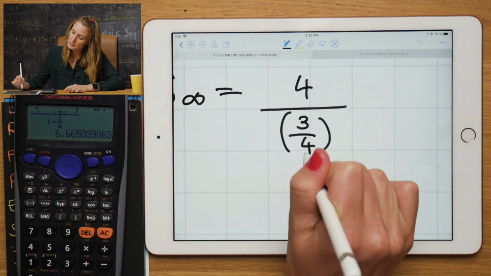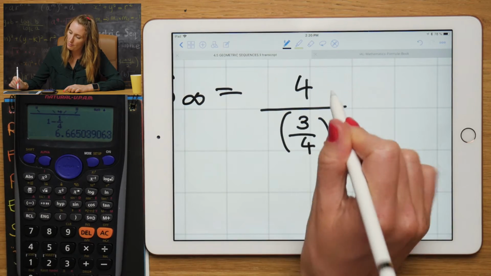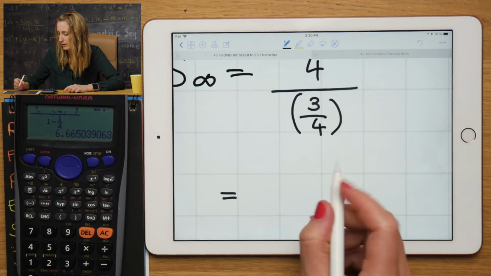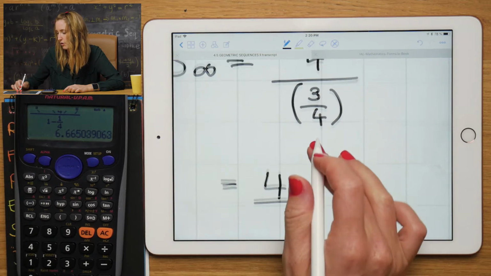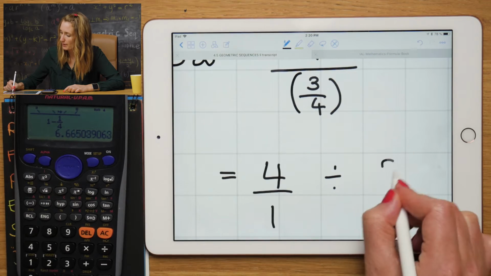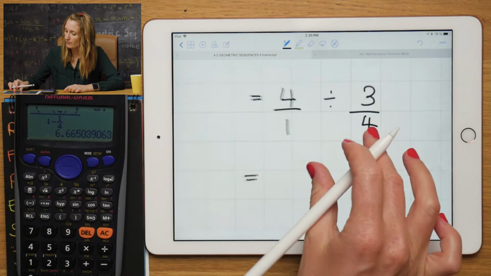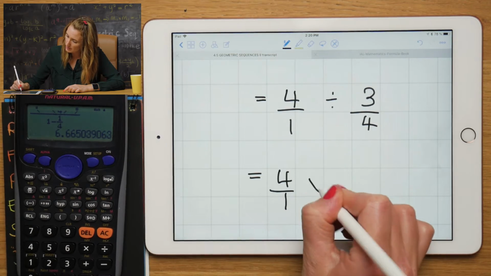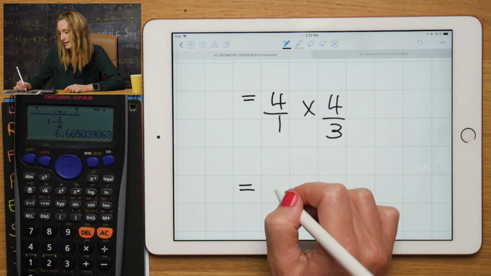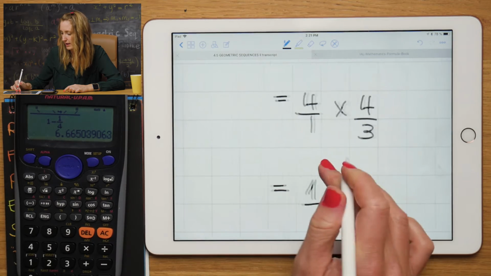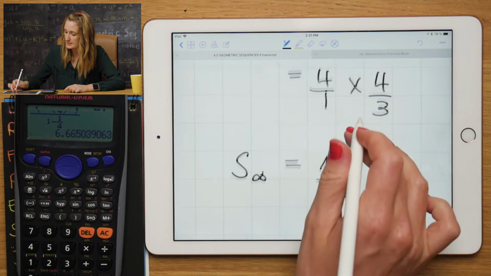In this situation, you take the bottom number of the 3 and multiply up with the top number. Or if you imagine you had 4 over 1 divided by 3 over 4, and then you flip the second fraction. So our answer is 16 over 3 for the sum to infinity.